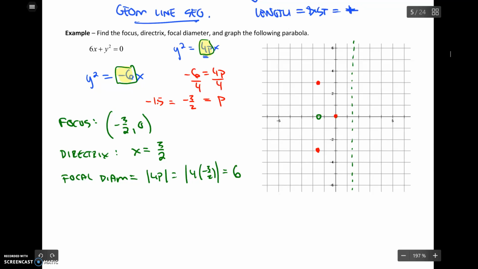And that kind of gives us our 3 points to graph our parabola. If you want more, you have to do some point plotting. But with those 3 points, I think you can get a pretty good looking parabola. Okay? All right, that's it. So I got everything we need.